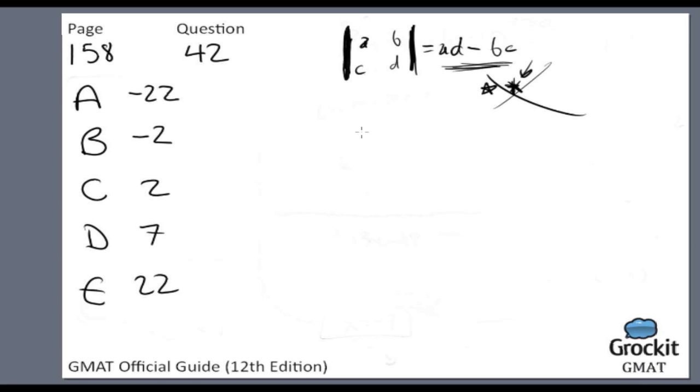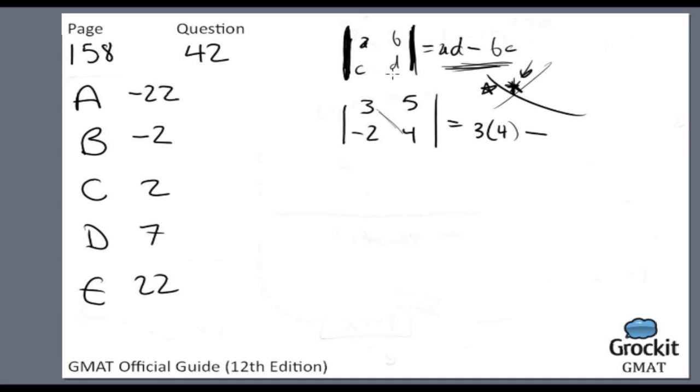So then we're given some actual numbers here. This thing, 3, -2, 5, and 4, we need to do that same thing. So A times D is these two numbers, 3 times 4.